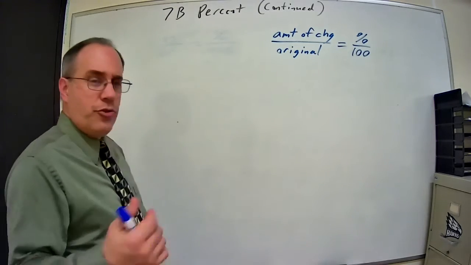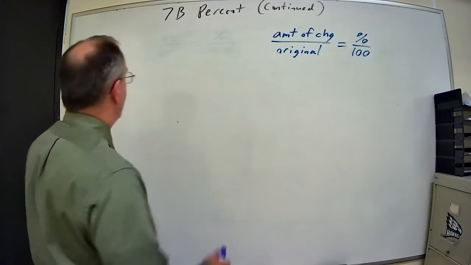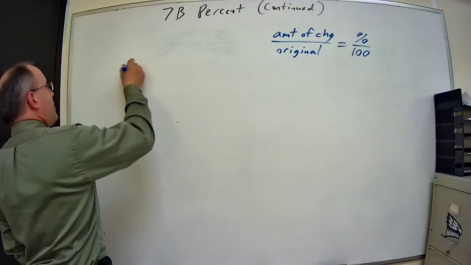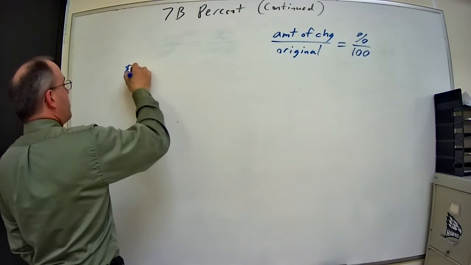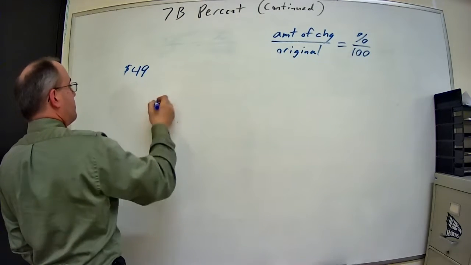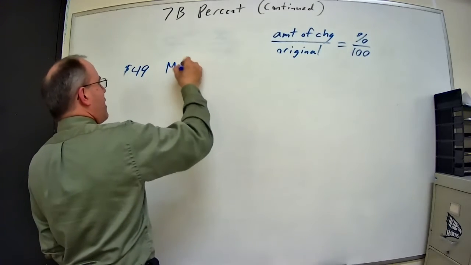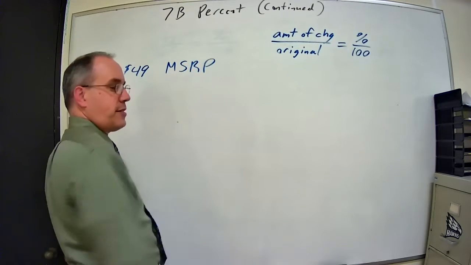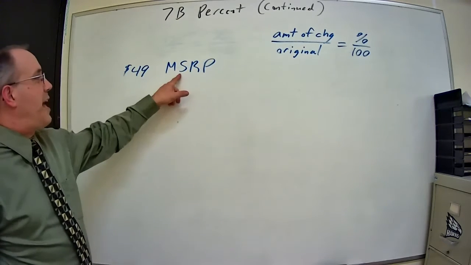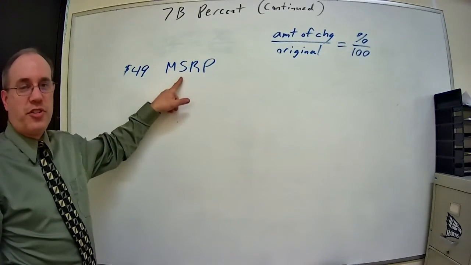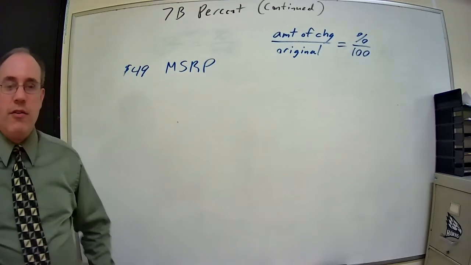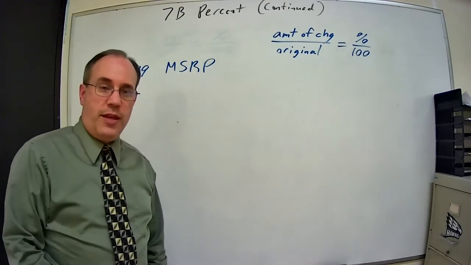So let's say that you go to a store and you're looking at a shirt that was originally $49. So I'm going to call it manufacturer's suggested retail price. For those of you who aren't familiar with MSRP, manufacturer suggested retail price, $49.